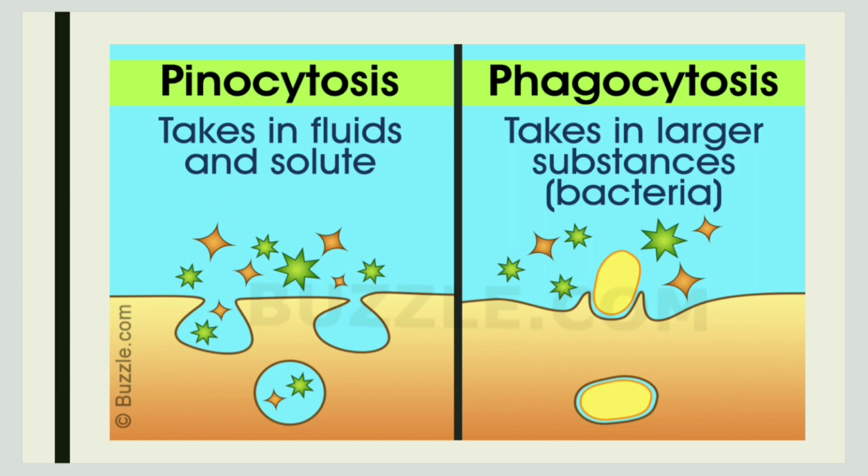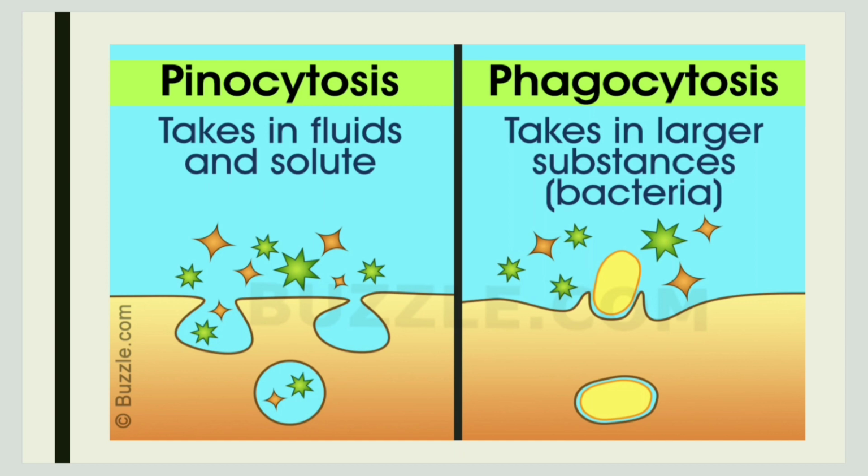Pinocytosis, as we discussed earlier, is known as cell drinking, whereas phagocytosis is known as cell eating. Pinocytosis involves the intake of fluids, whereas phagocytosis involves the taking in of large substances.